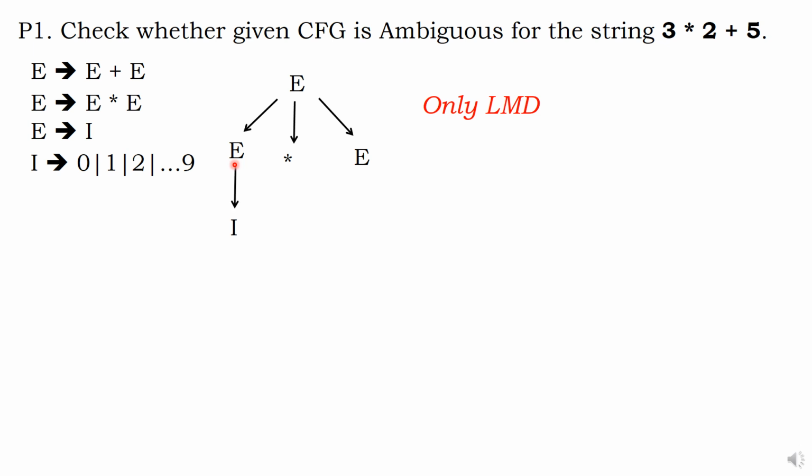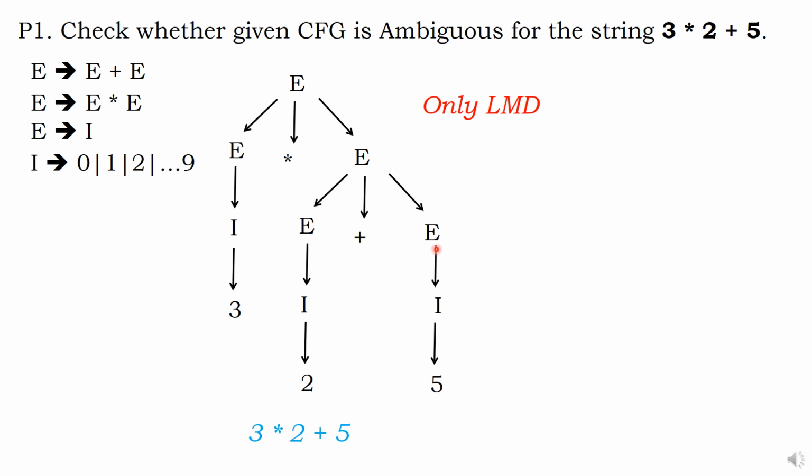Make it I, then 3. Next I go for this E. Our aim is 2 plus 5, so I will start with E plus E. Then, LMD, this E I will replace by I, later 2. Then this E I will replace by I, later 5. Now the result is 3 * 2 + 5.